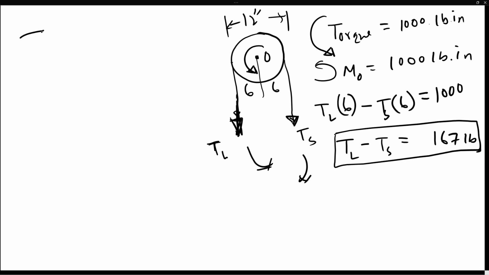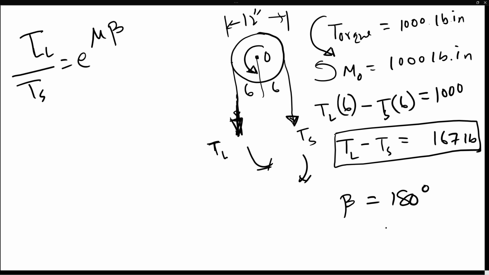We have another equation that we can use. TL by TS is e to the power of the friction coefficient times the angle of wrap. Assume the angle of wrap here is 180 degrees, which is pi, 3.14.